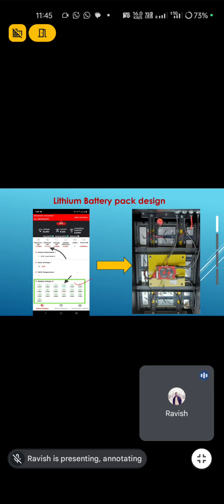The nominal voltage is 3.2 volts, but your voltage has gone down to 2.8 volts. This is our low cutoff voltage; your battery cell is at the low cutoff value.